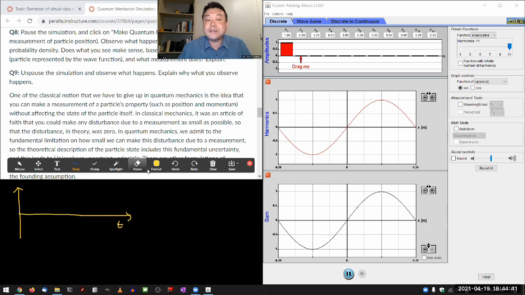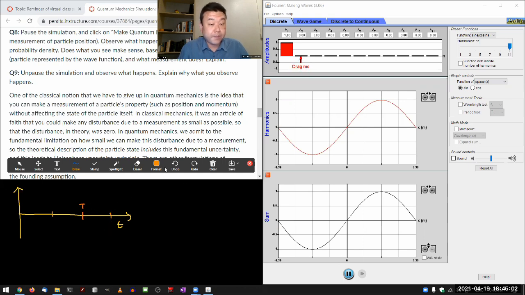We can make it a little bit easier for ourselves and say that this is a repeating wave, so I'm only going to draw and represent one period. So this is one period of the wave, or 1.5 periods.